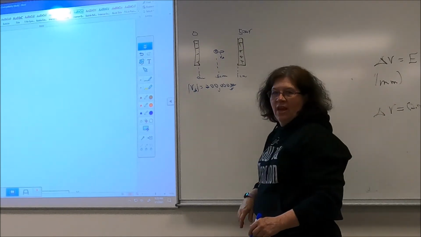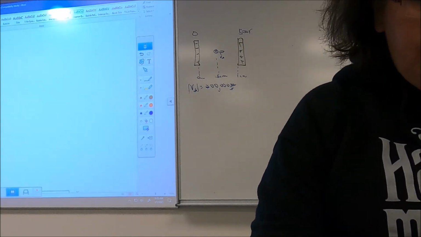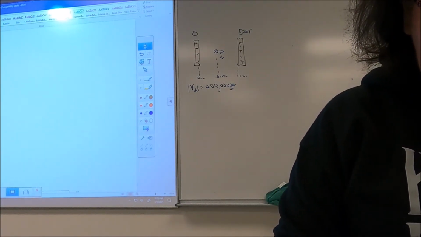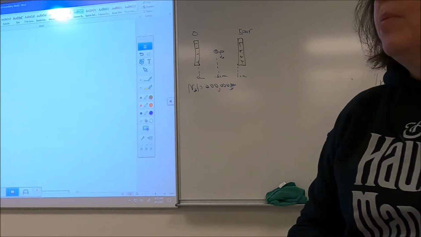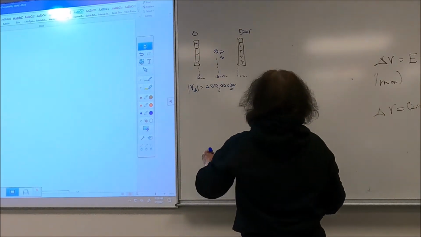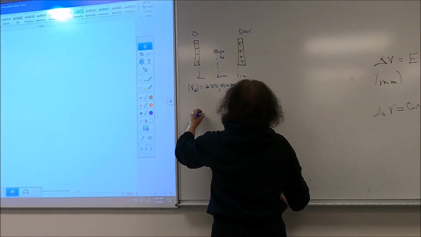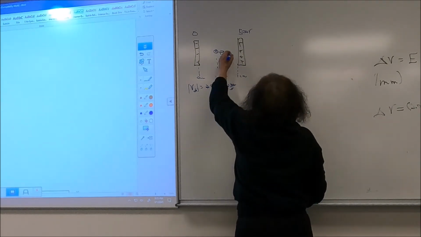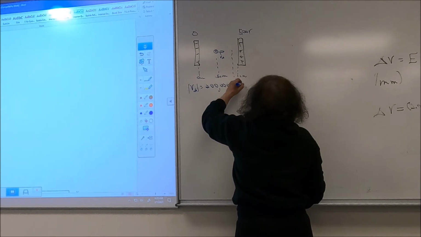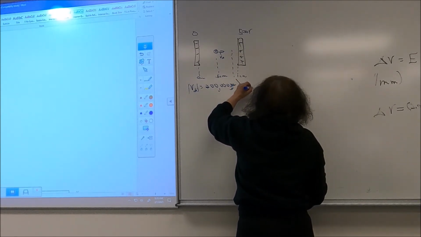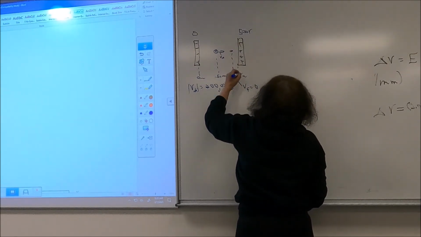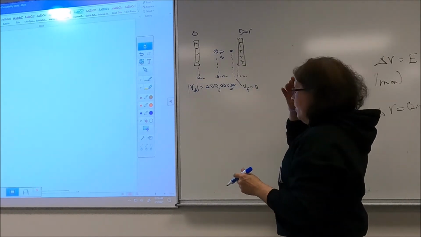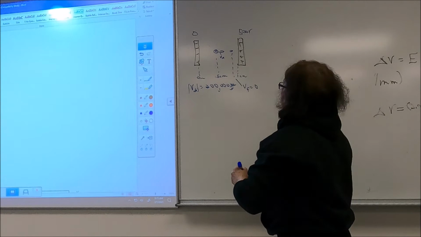What it asks us is, show that this is an insufficient speed to reach the positive plate. So if I think about the position where V final equals 0, it's telling me that that's going to be before it hits the positive plate.